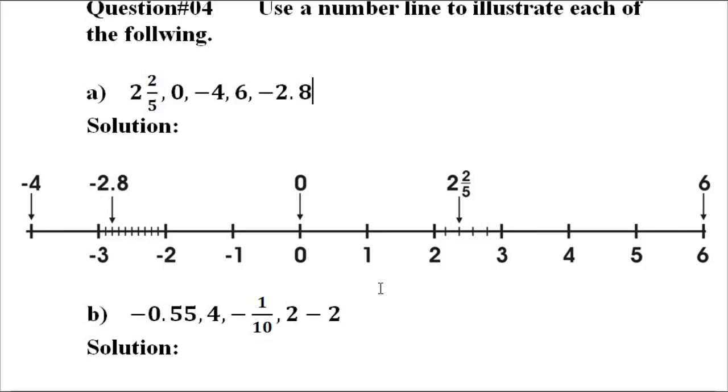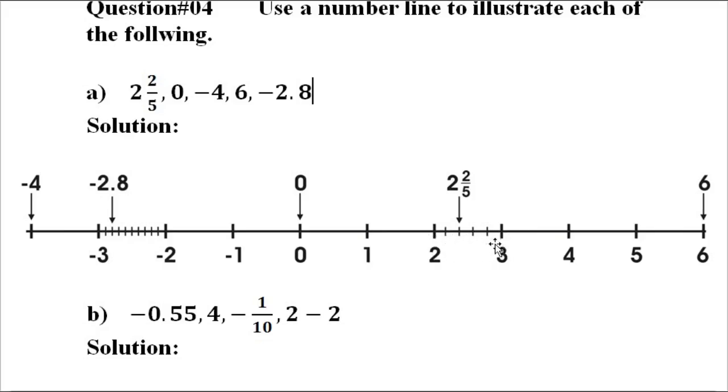Now, let's illustrate the given numbers on a number line. 5 numbers are given in the first part. The first number is a mixed number, that is 2 whole 2 upon 5, where the whole part is 2 and the fractional part is 2 upon 5. It is clear that this number lies somewhere between 2 and 3.